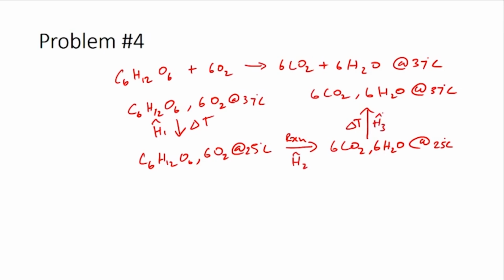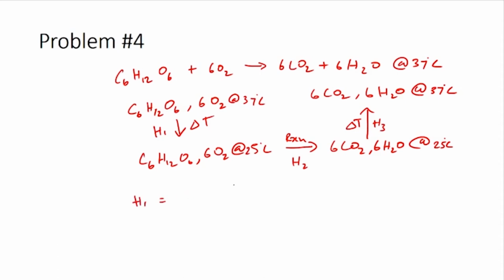H1 cap can be calculated as integral Cp dT, and we will be able to calculate the total change in enthalpy for this process for 1 mole of glucose and 6 moles of oxygen, which would be H1. This would be H2, which would be the heat of reaction for this process, and you will have H3, which is for heating of carbon dioxide and water, 6 moles of each, to reach 37 degrees Celsius. Let us see how we go about solving this problem.